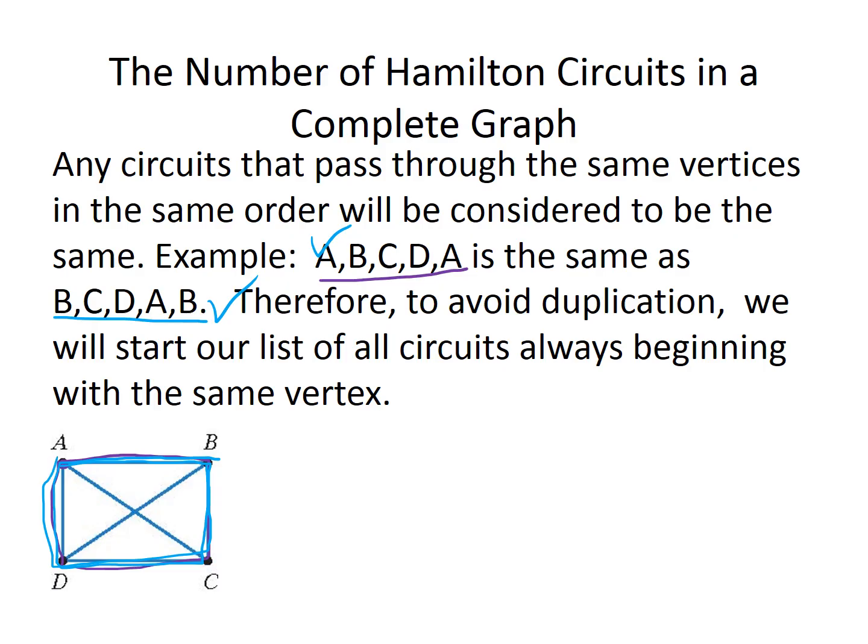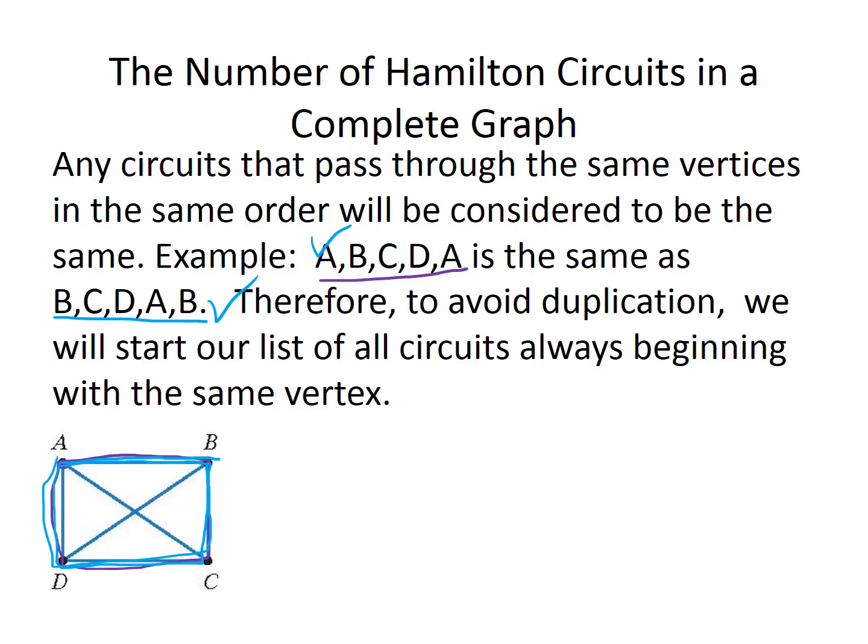So to avoid duplication, we will start our list of circuits always beginning with the same vertex, because we will want to list out the possible circuits later in this section.